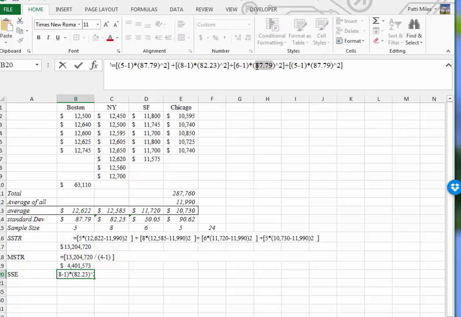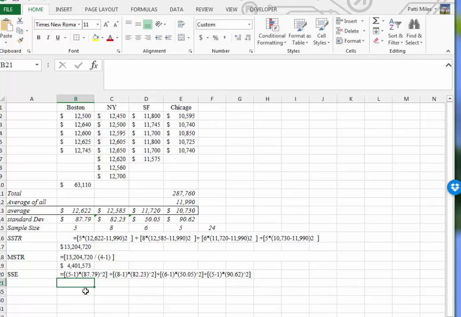This one will be 50.05. And this last one here with the same n will be 90.62. And I'm missing a parenthesis right here, so I'll add that back in.